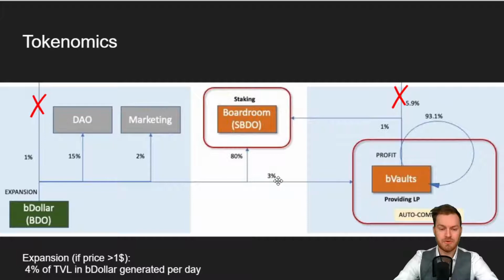But to continue, when the project is in expansion, meaning the price of the bDollar is above $1, then about 4% at the current market cap from the total value of the dollars locked can be extra generated per day, and 17% from every dollar goes to the team.